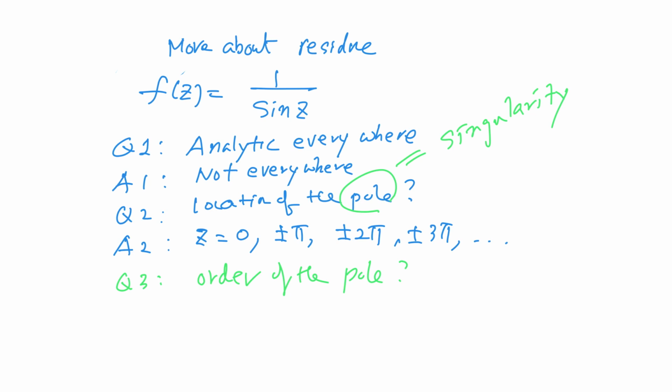So let's try with a simple case. Simplest case, n equal to 1. Whether it does have a pole of order 1. That's the question that I'm going to ask, right?